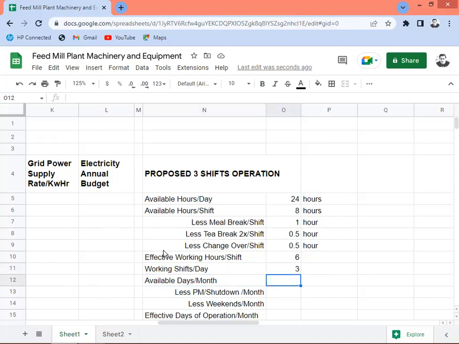Now first I'm going to put here the shift hours. 6 hours. And for the working shifts, it is 3 shifts per day, right?